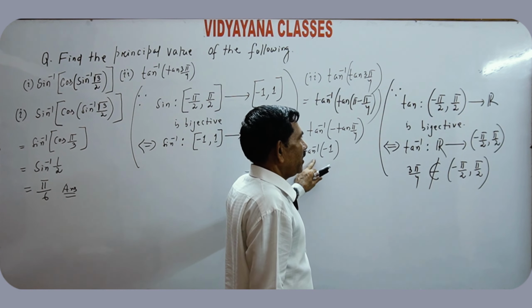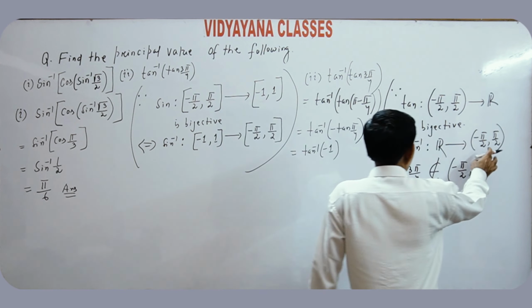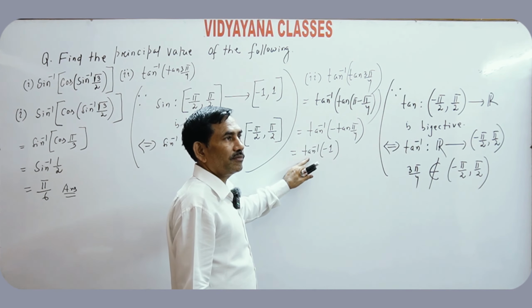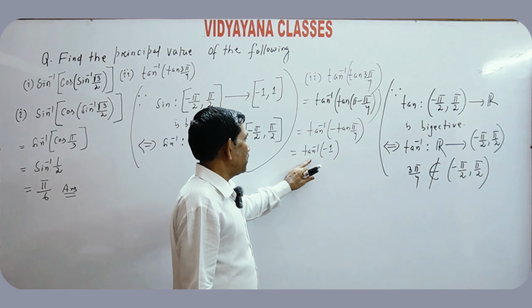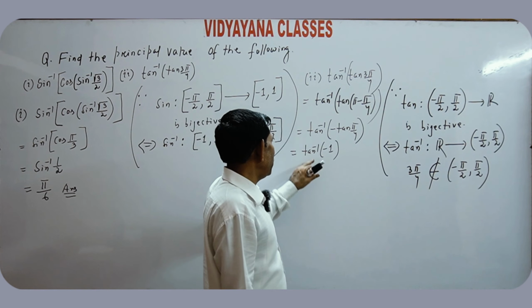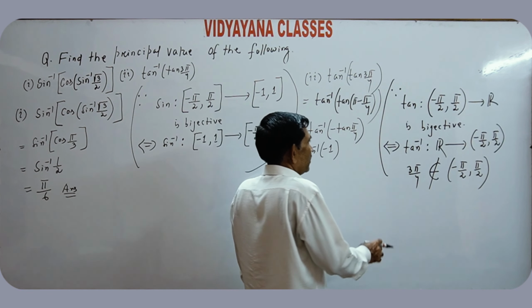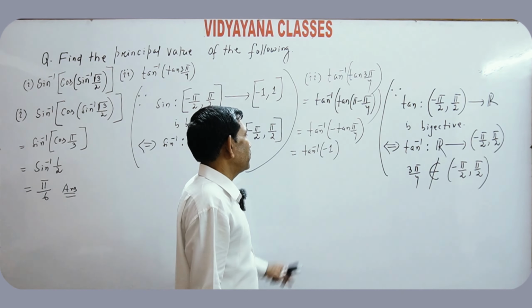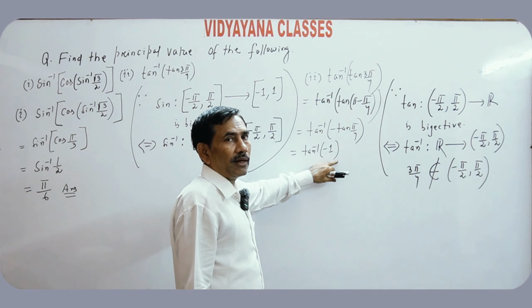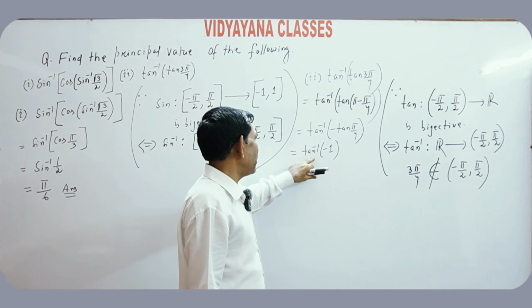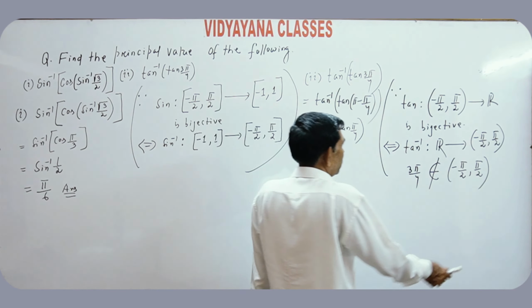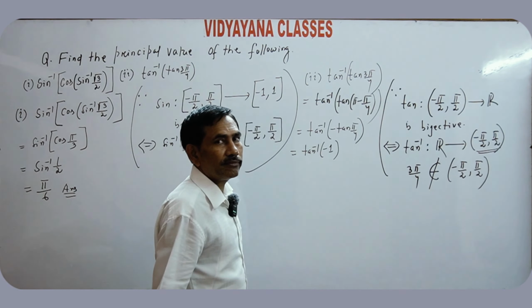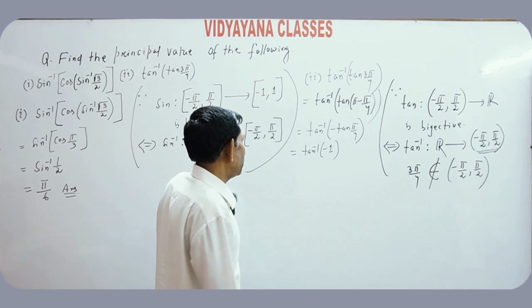Which angle of tan belonging to this set has the value minus 1?